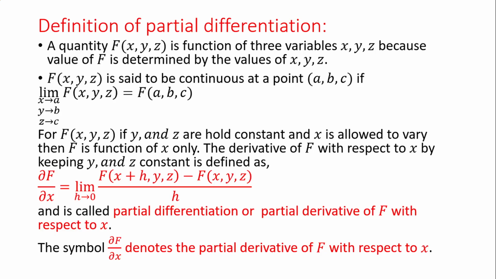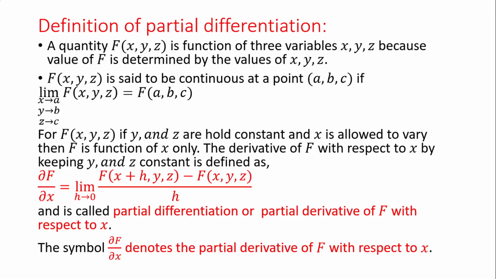and in this situation the derivative of f with respect to x by keeping y and z constant is defined as the ordinary derivative and expressed as dou f by dou x equal to limit h tends to 0 of f(x plus h, y, z) minus f(x, y, z) divided by h.